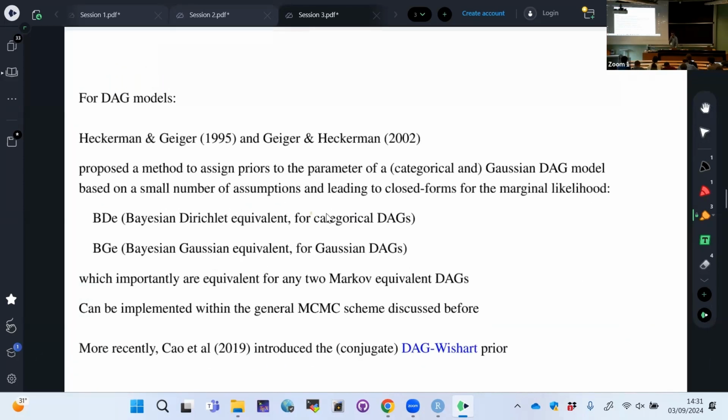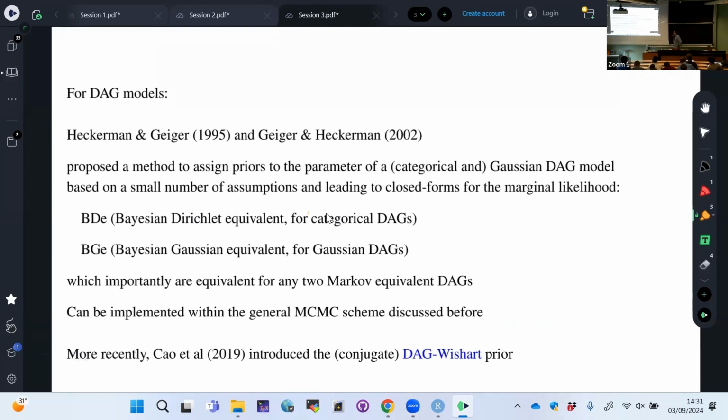So this is what you can do with undirected graphs. For DAG models, there are also many possible solutions to this issue. There are a couple of works by Heckerman and Geiger who propose methods to assign priors for the parameters of categorical and Gaussian DAG models, which in practice do not require setting an explicit Markov type prior distribution on omega or on the parameter of a categorical model.